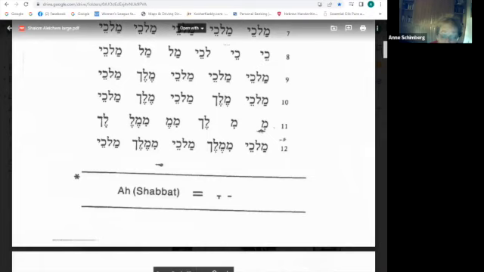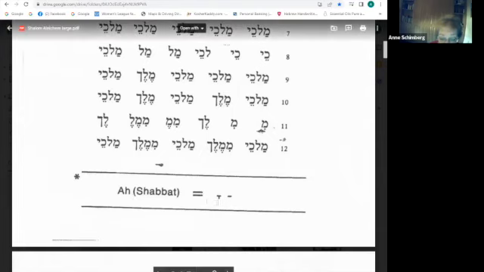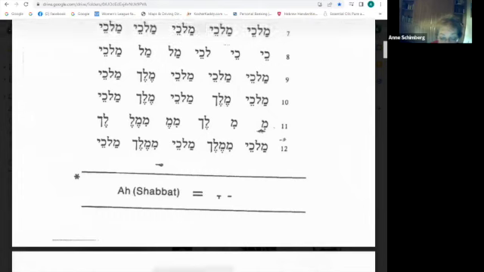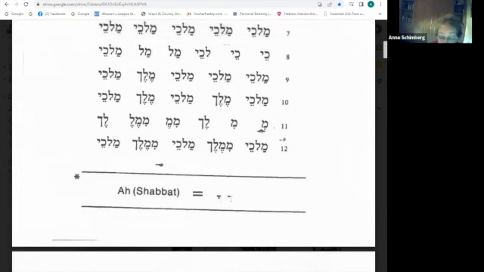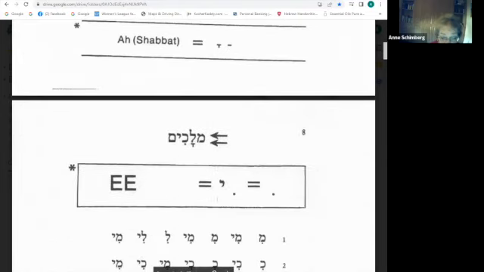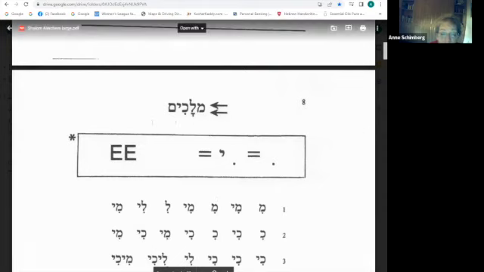All right, so that brings us to this ah sound. Also, you hear it in Shabbat. It's the line and then what looks like a little T. All right, let's go on because we're going to expand this word, milachim.